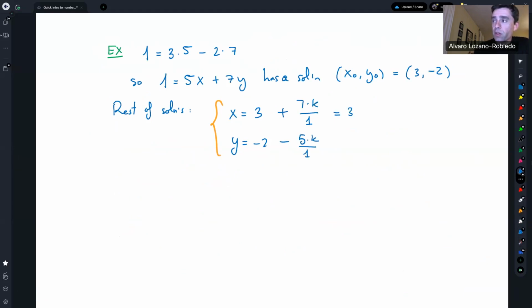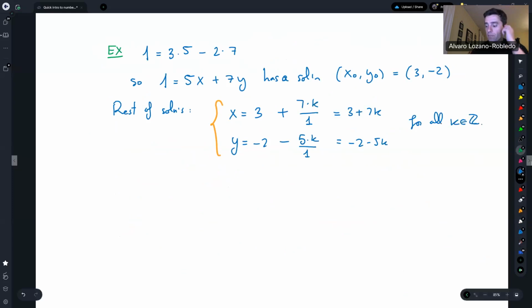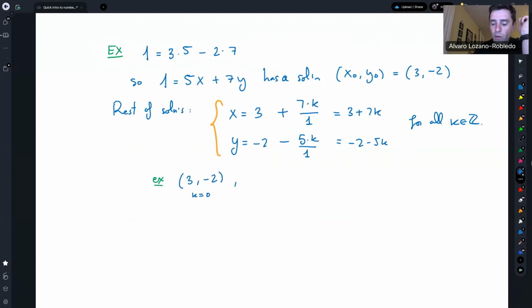So this is 3 plus 7k, and this is minus 2 minus 5k for all k in the integers. So all of those are solutions. So for example, when k is 0, I get 3 comma minus 2. But if I put k equals 1, then I get 10 and minus 7.